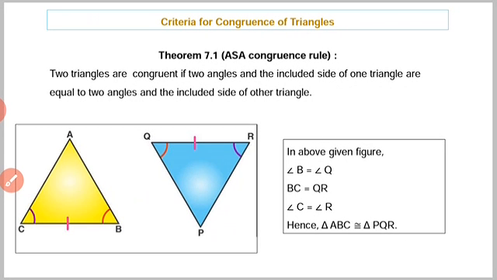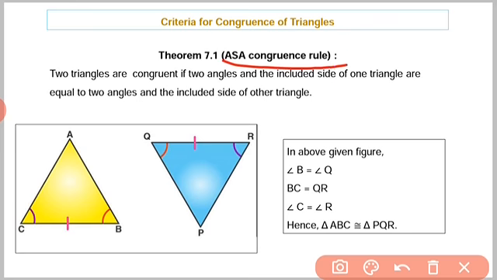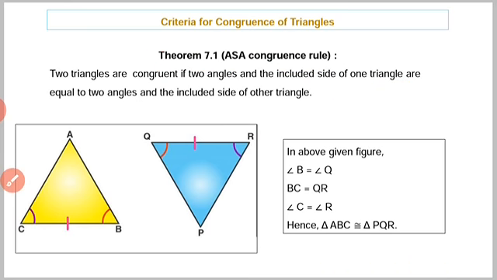Let's see another congruence rule. Theorem 7.1, ASA congruence rule. Why is this ASA called a theorem? This ASA rule is treated as a theorem because we used axiom 7.1 to prove this particular statement.